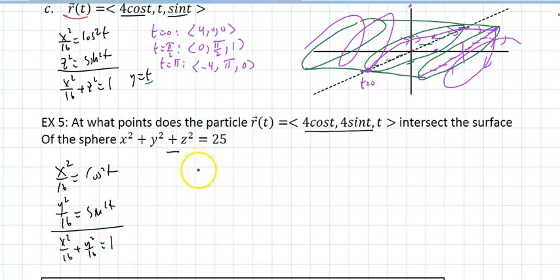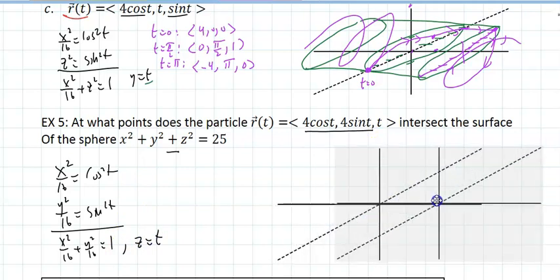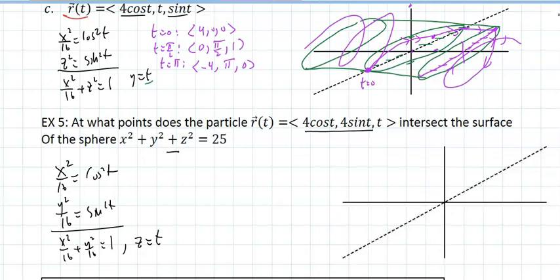Right? And z is varying. What that does, that really creates a cylinder. The path of this particle is a cylinder, so the particle is running along this path.